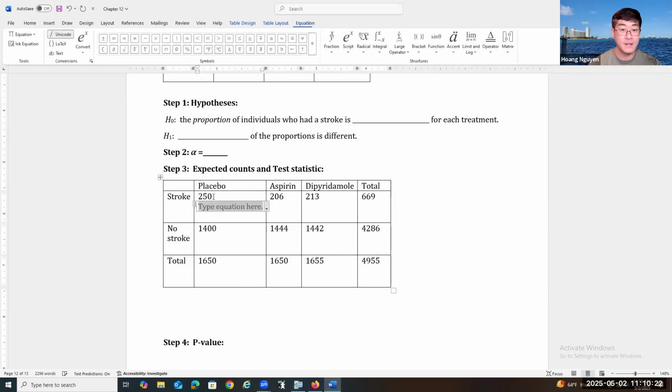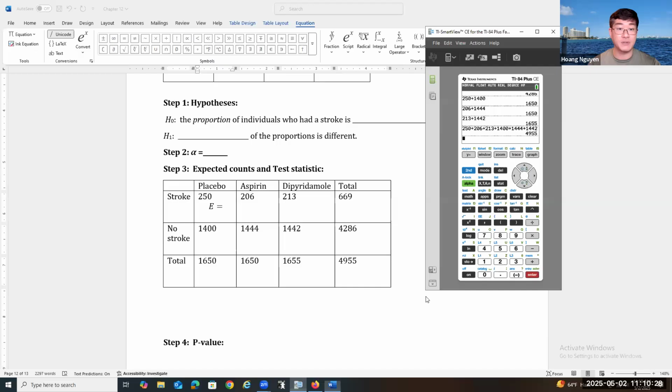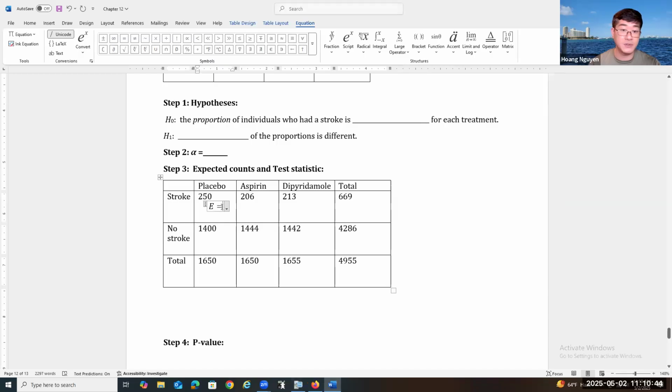For the expected value, once again, we do the row total times the column total, divided by the table total. So the row total will be 669 times the column total 1650, divided by the table total 4955. That's going to be 222.77.